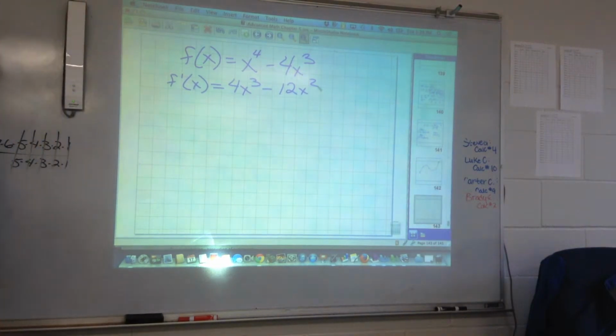That'd be your first derivative. If we wanted to, we could set that equal to 0, find our critical points, find our maxes, find our mins, find its increasing and decreasing intervals. We could do all those things. But we're strictly working on inflection points right now, and inflection points are where the second derivative is equal to 0.